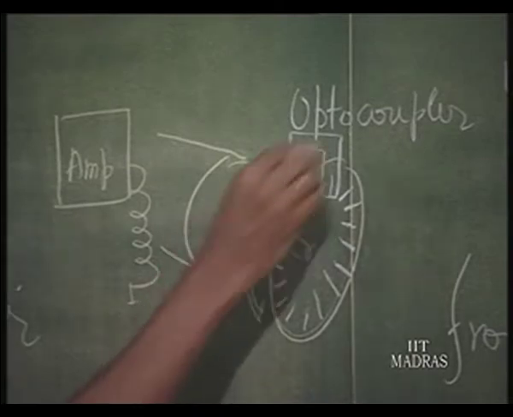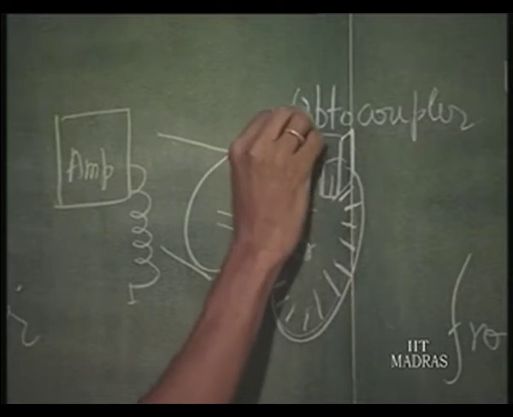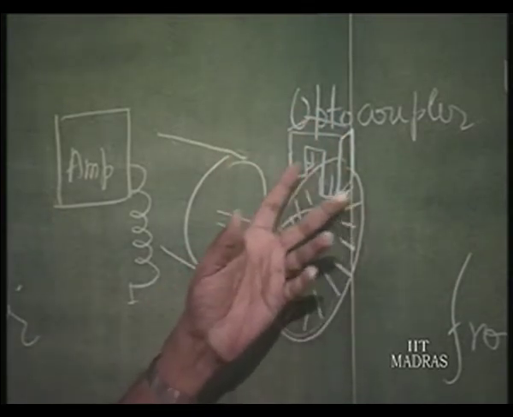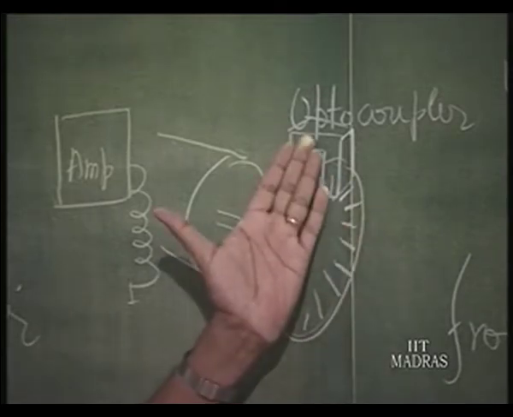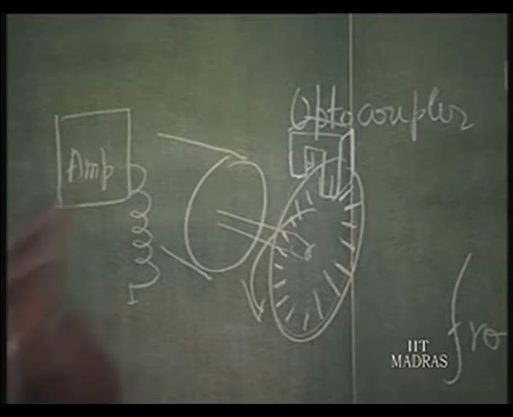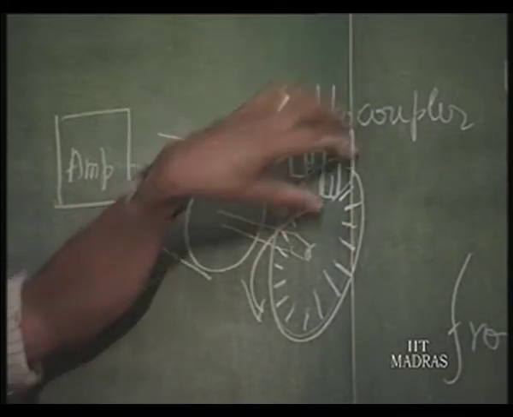The entire arrangement is available as an IC along with the slit, so that this disc can go into the slit, and therefore, the light can exactly fall on the light detector. This optocoupler with this kind of slit is available in the market.